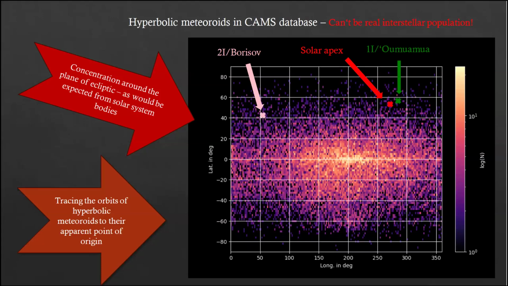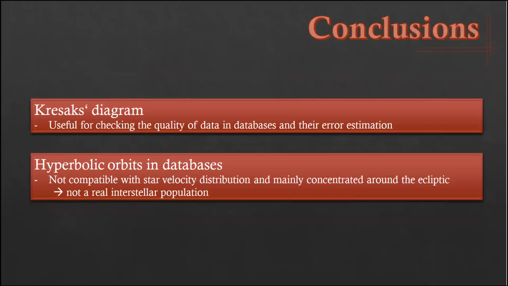So if you really want to see some interstellar meteoroids, we should probably pick a good database with good data, without underestimated errors. A way to do that is to check the data with Kresak's diagram, because it's useful for checking the quality and the error estimation.